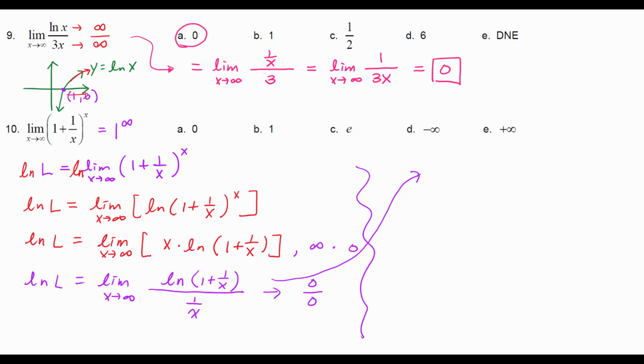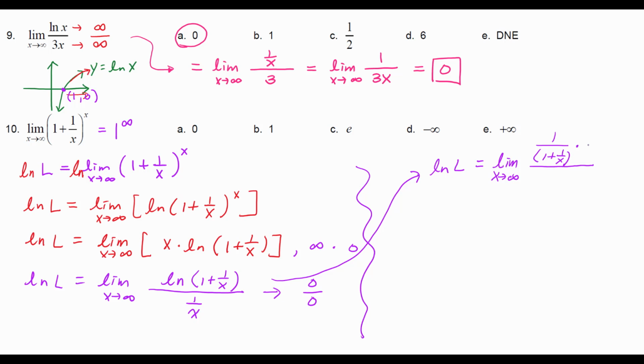So I have ln L equal to the limit as x approaches infinity of the derivative of ln(1 + 1/x). Since 1 + 1/x is u, it is 1 over u, which is 1 over the quantity 1 plus 1 over x, times u prime, and u is 1 plus 1 over x.